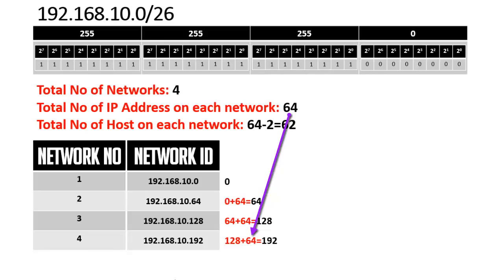So the network ID of the fourth network is 192.168.10.192. This is how you can find the network ID: just add the total number of IP addresses on each network and you will find the network ID easily.